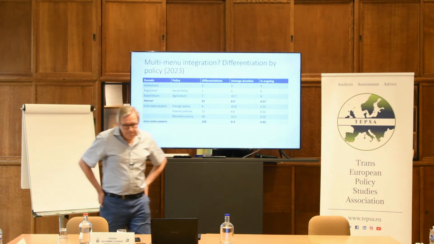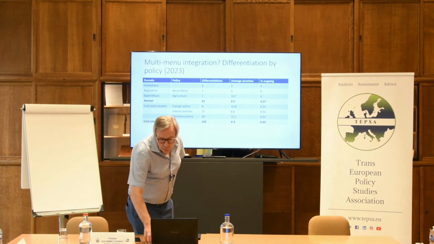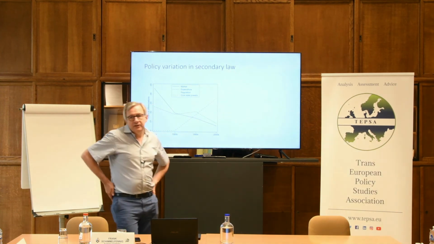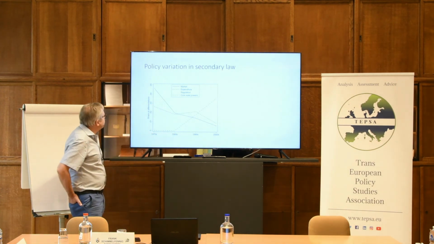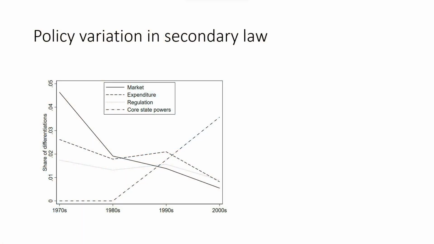Okay, we find a very similar picture in secondary law. So this is policy variation in differentiations in secondary law. Here you see that distinction when it comes to the market.